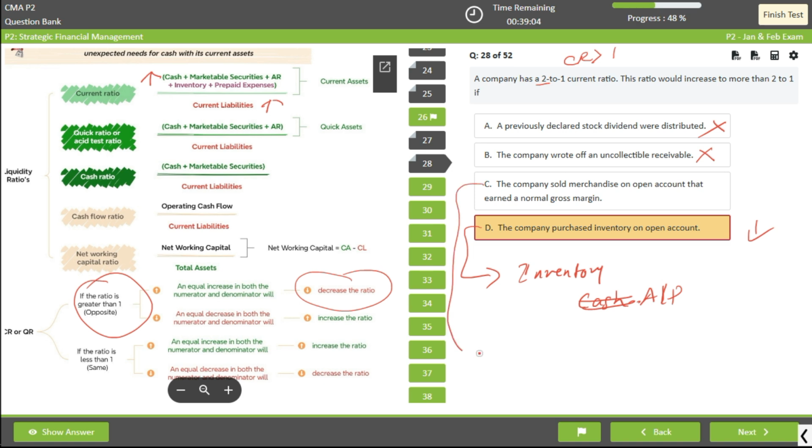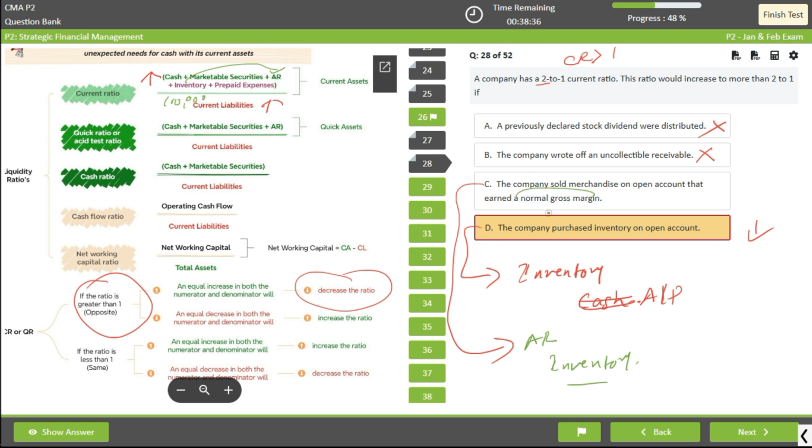Now option C is what? The company sold merchandise on open account that earned a normal gross margin. So they are selling on open account. This means we have accounts receivable, and you are selling inventory. Your inventory is converted into accounts receivable. If your inventory is 100,000, you are not going to sell at 100,000.